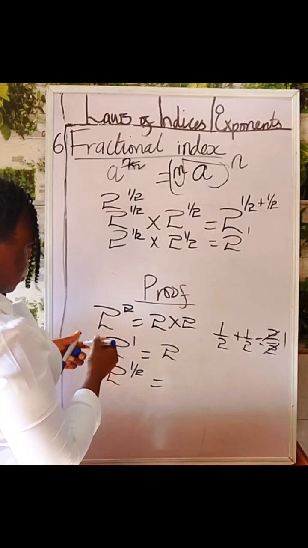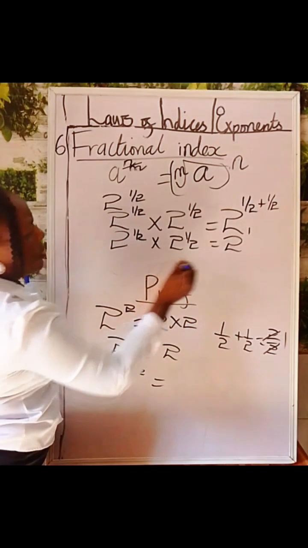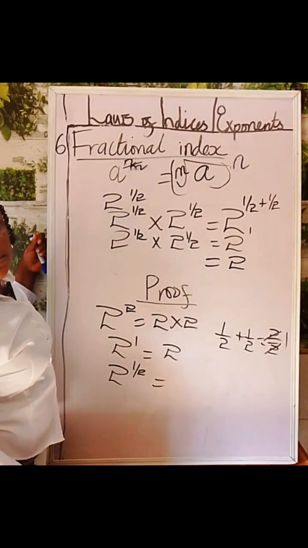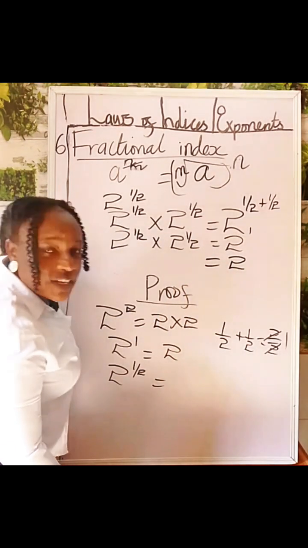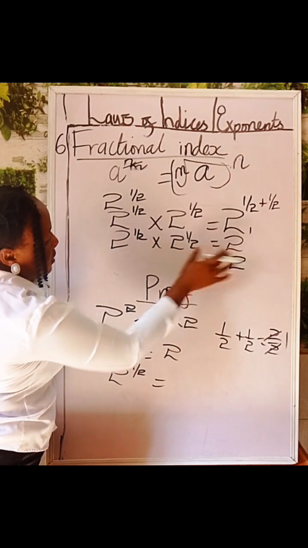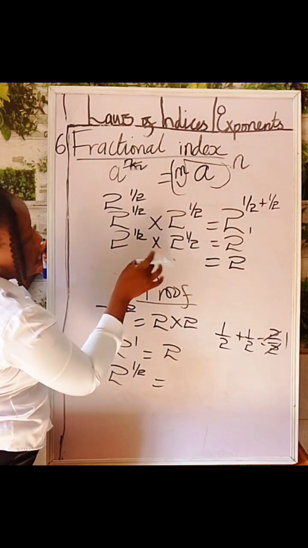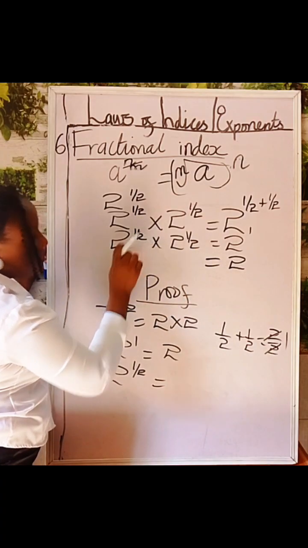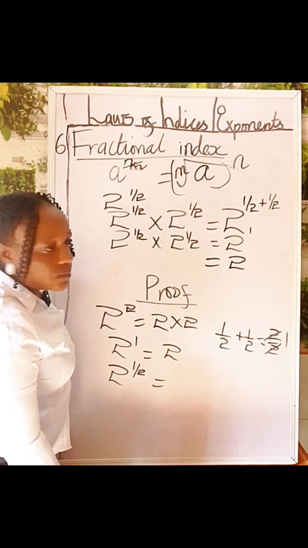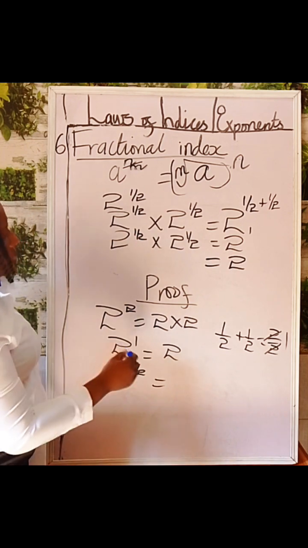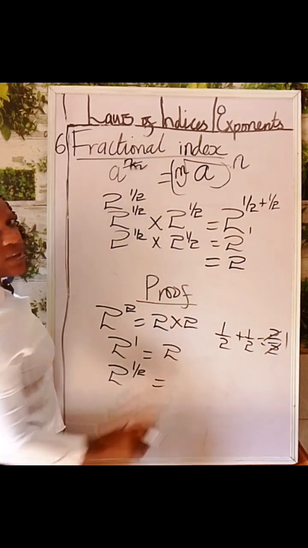Very good. Okay, now we'll ask ourselves, what are you going to multiply together to give us this 2? If this is 2 and we are equating this to this, we need to simplify it. What are you going to multiply with another to give you this?